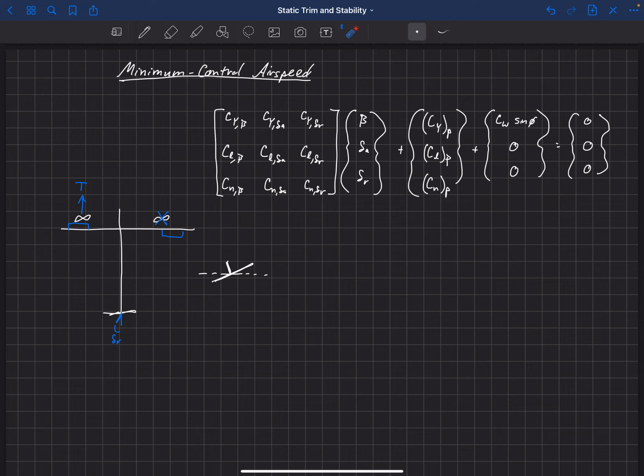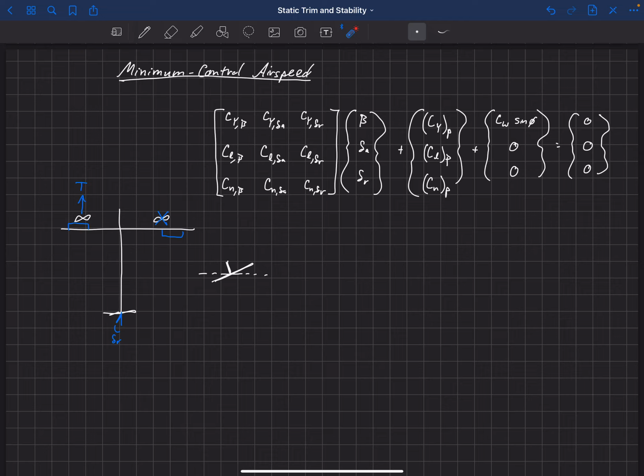Okay. So at takeoff and landing, we're kind of limited on the bank angle that we can apply. Within these linear approximations, the larger the bank angle, the less deflection we're going to need on our control surfaces. But we're limited because we're very near the ground. We can't bank significantly.